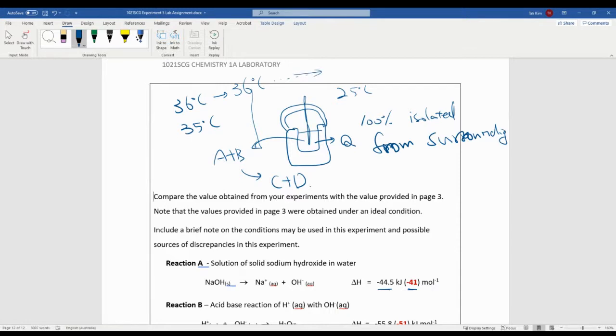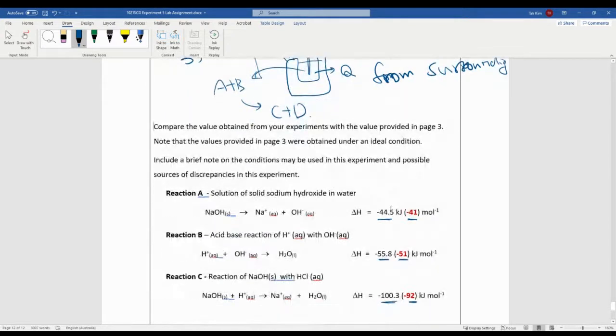So it should keep the heat from your reaction indefinitely. I'm not sure how long it was, but you saw the temperature dropping, which means you keep losing some heat from your reaction. That is why your value from your experiment is a bit smaller than what you're supposed to get, right?